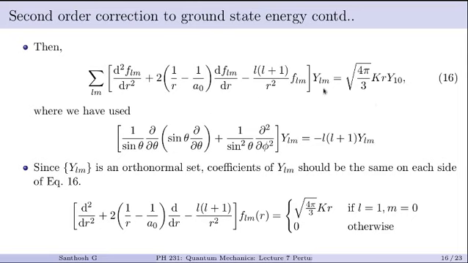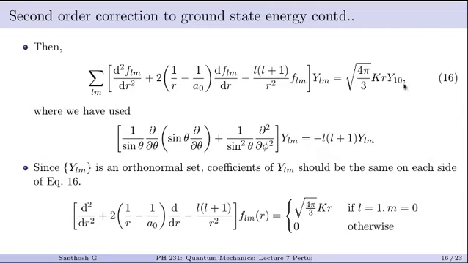Now since Y lm is an orthonormal set, the coefficients of Y lm on the left hand side of an equation should be equal to the corresponding coefficients on the right hand side. Therefore, equating the coefficients of Y lm on the left hand side and the right hand side of equation 16, we have the following equation. Whatever is in the square bracket is a coefficient of Y lm, and that will be equal to 0 whenever lm is not equal to 10.